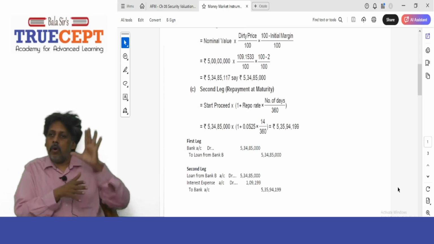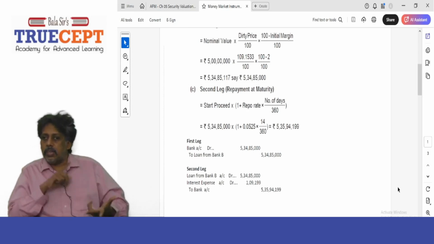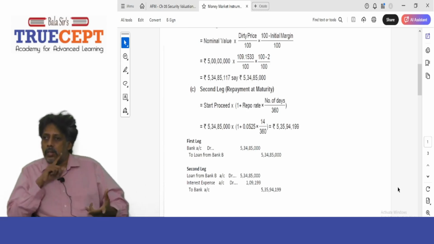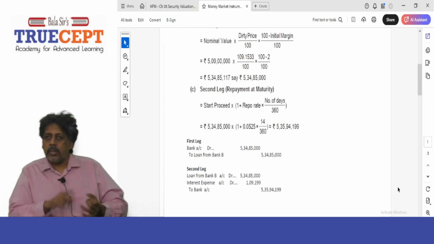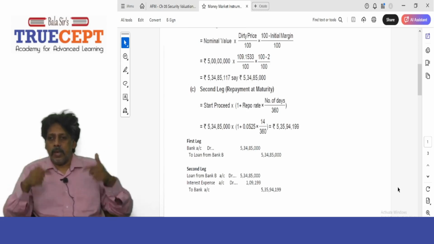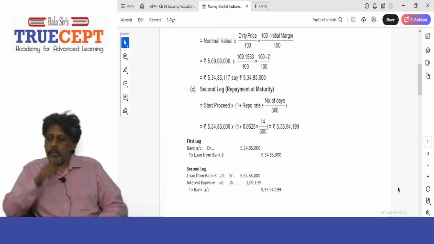Multiply, and you will get the repayment amount including interest, which is rupees 5 crore 35 lakh 94,199. That is the amount to be repaid. Stage 2. Got it? Yes. And what is the entry when you repay the money?